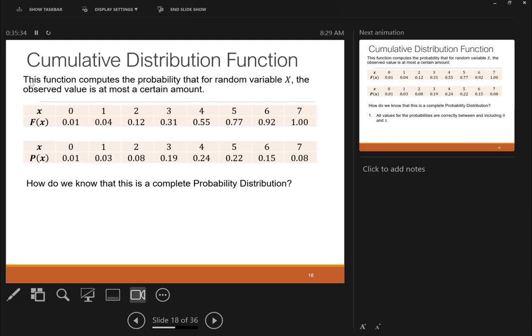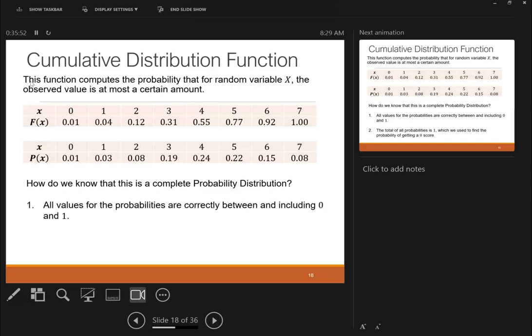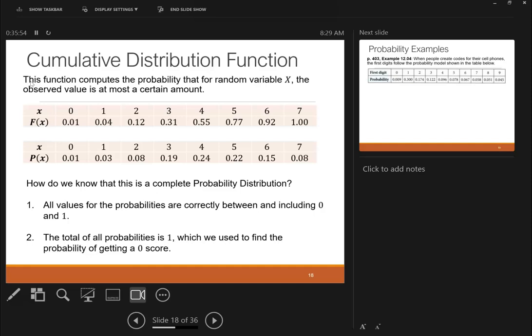And the sum of those probabilities must be 1, which I can see in the CDF because what is the last number in my CDF? 1. So I could check this manually by adding up the numbers in the table, but unless I did something silly, I know they're going to sum to 1 because the CDF ends at 1.